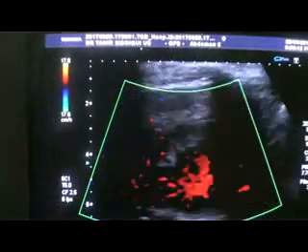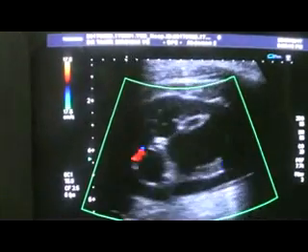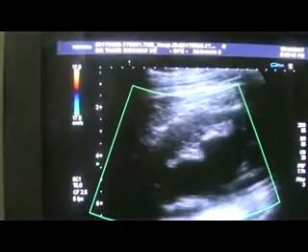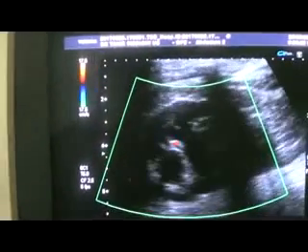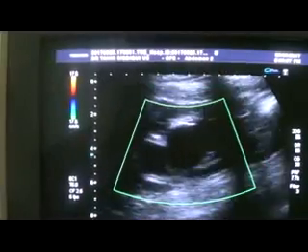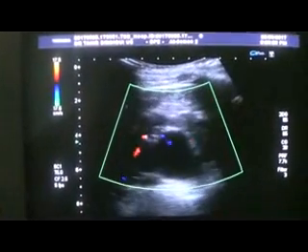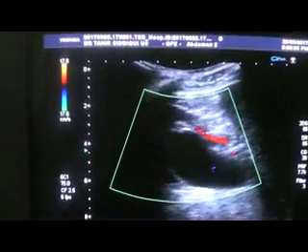So far as the perfusion is concerned, this kidney is being perfused, but not as much as we saw in the left kidney. So there is relatively decreased perfusion of this kidney. Parenchyma, this is the transverse section.